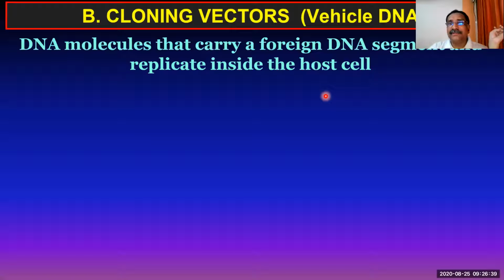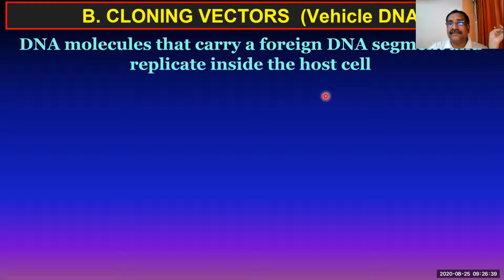Now there is another type of DNA which acts as a vector or vehicle DNA, called bacteriophage. This is the picture of a bacteriophage. A bacteriophage is a virus, which we simply call a bacteria-eating virus.